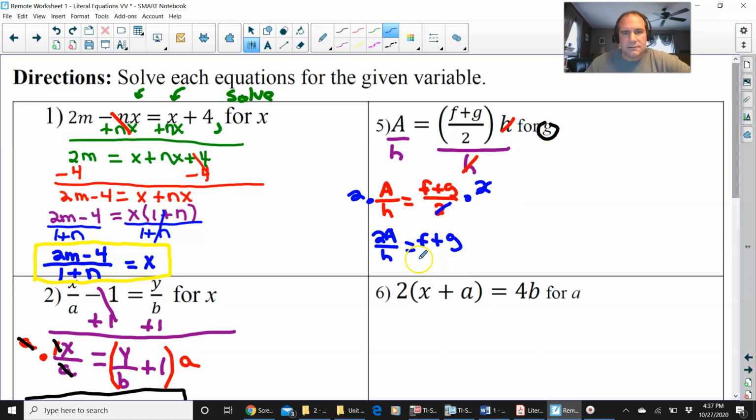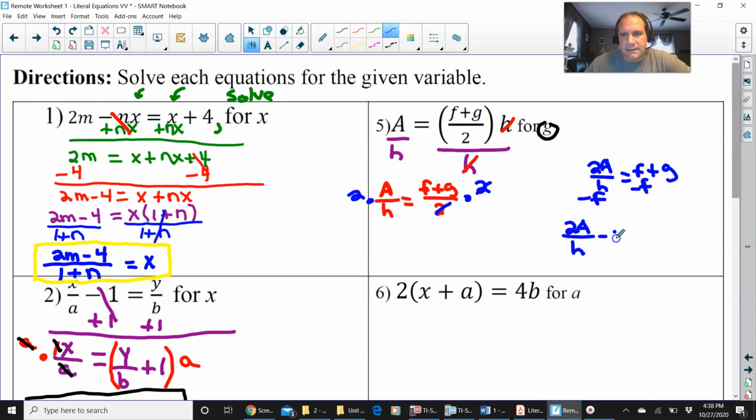Solve for g, minus f on both sides. And I'm going to have to move it over here. I'm going to rewrite 2a over h minus f, this cancels, equals g.